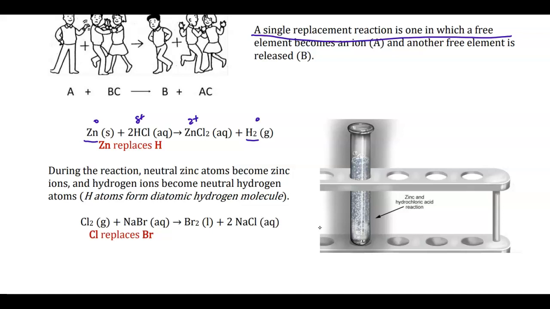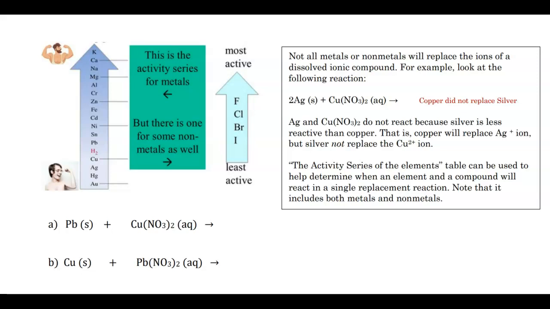Another example for single replacement reactions is when chlorine gas reacts with sodium bromide and chlorine replaces bromide. But this is not balanced. I need 2 here. Okay. What is this? This is a chart that shows us the activity series for metals, right? You can see there are some important parts in here, hydrogen here, right?